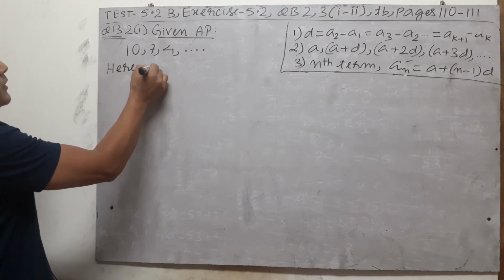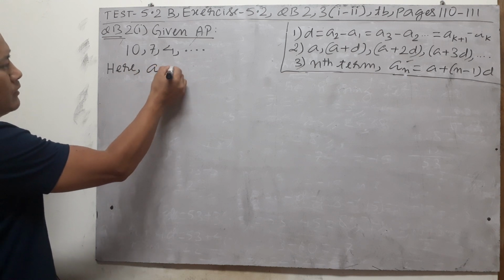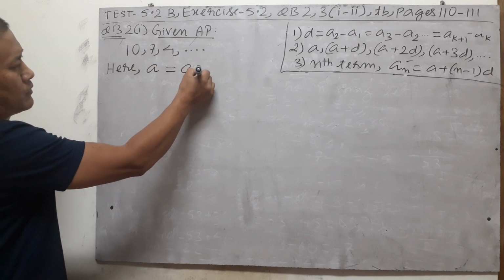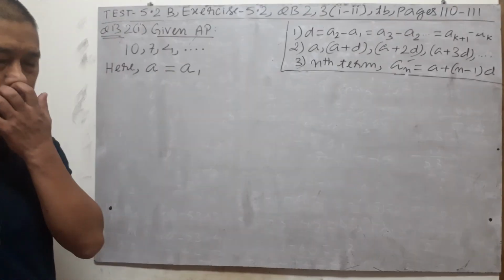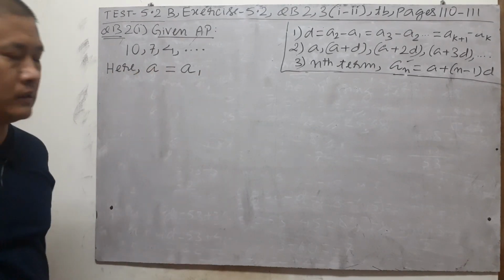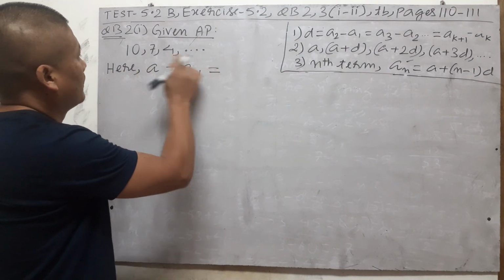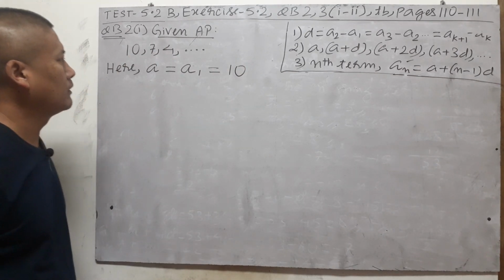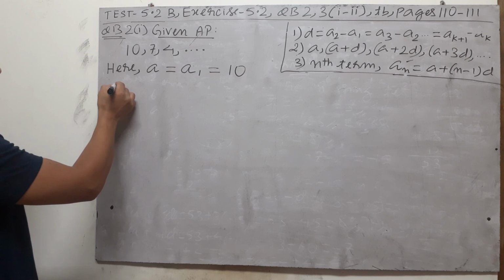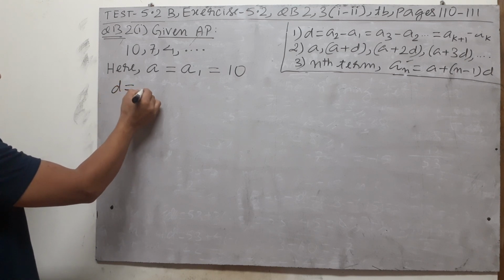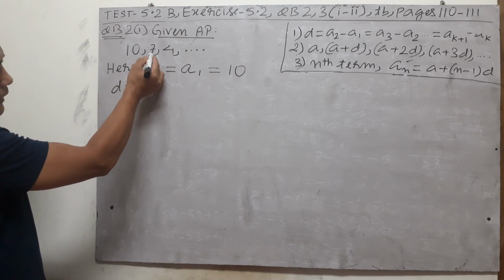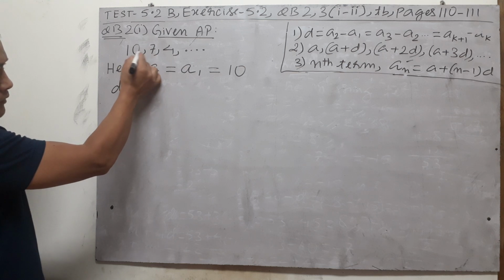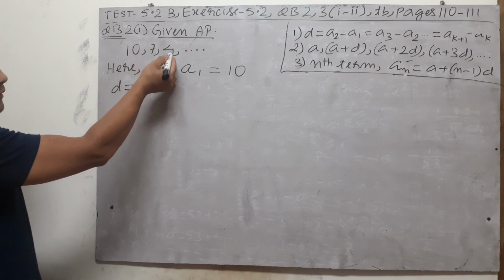Here we have the first term always denoted as A, or sometimes people also put it as A1. So A1 or A indicates the first term, the first number in the series, which is 10. And a common difference here, D, is A2 minus A1 or A3 minus A2, consecutive.